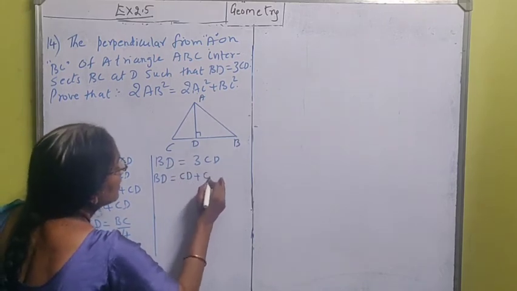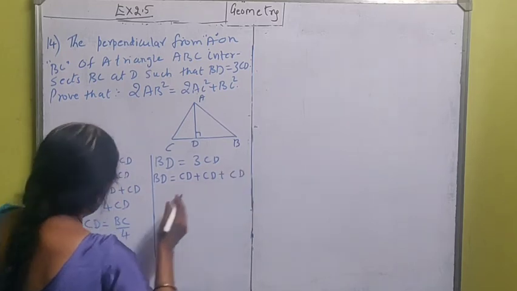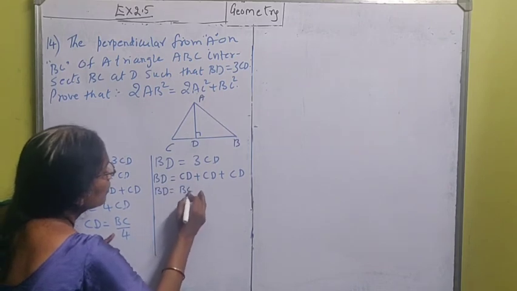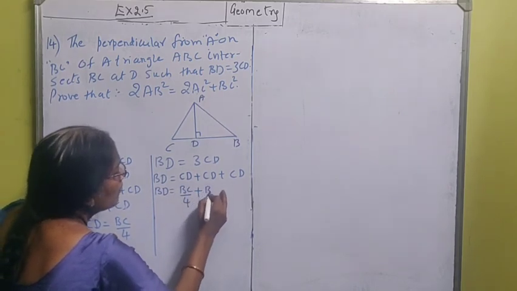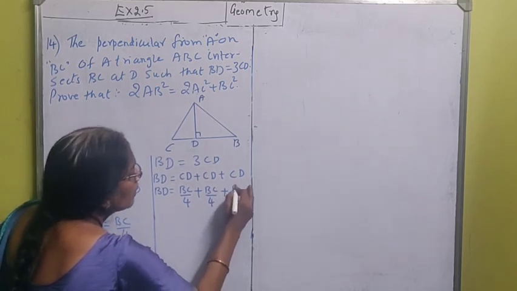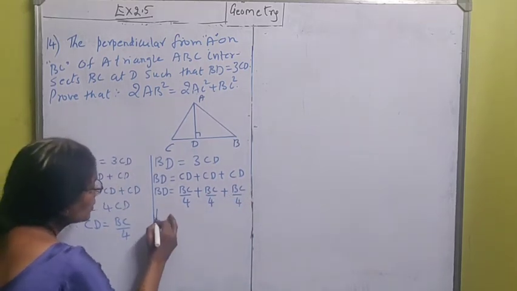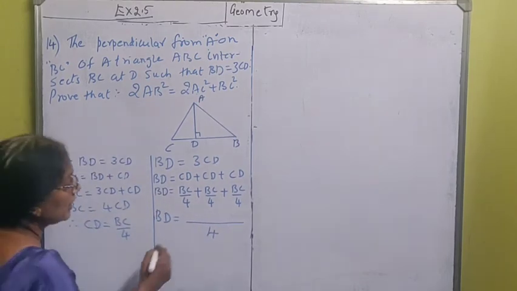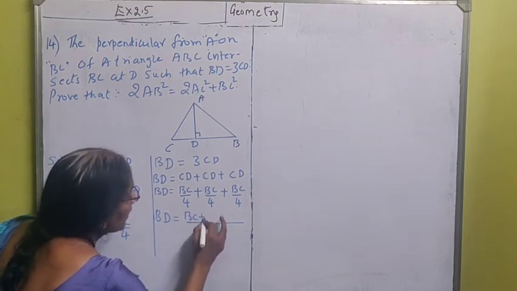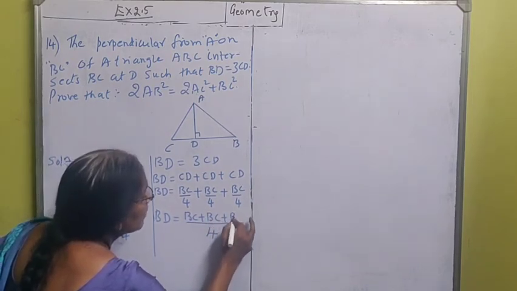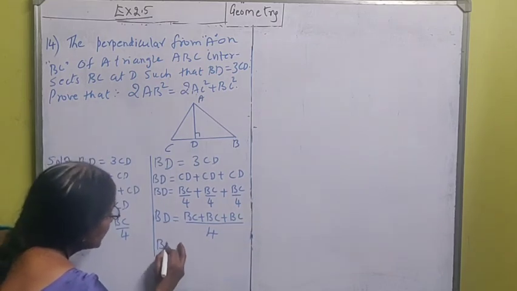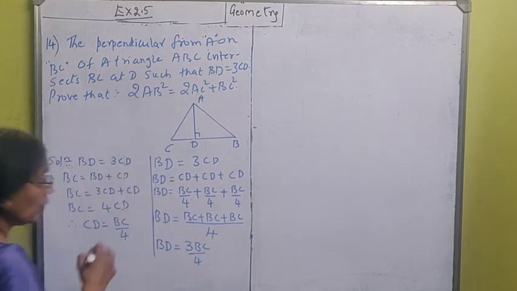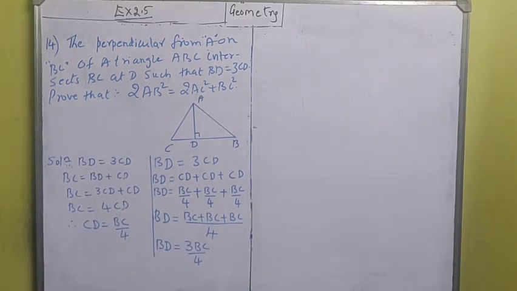CD is given as BC by 4, so BD is equal to BC by 4 plus BC by 4 plus BC by 4. 4 is the common denominator, so add the numerators, BC plus BC plus BC. So BD is equal to 3BC by 4.